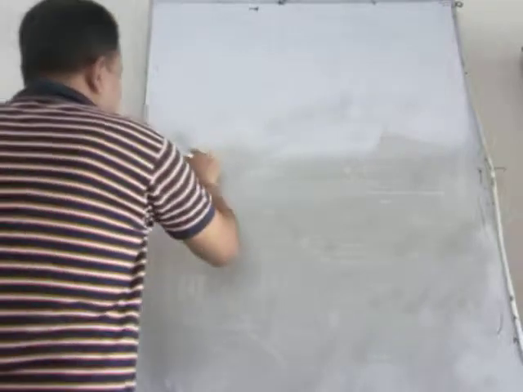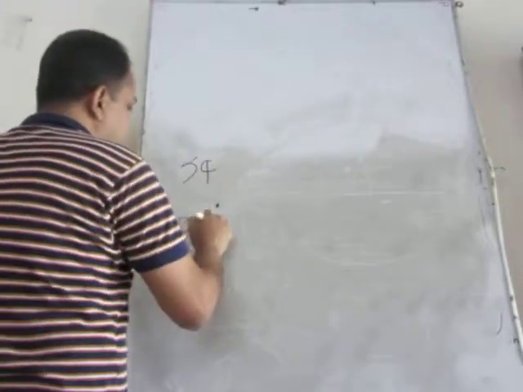In case of 8, there are two different things. One is overhead cost, and another is square meters cleaned.